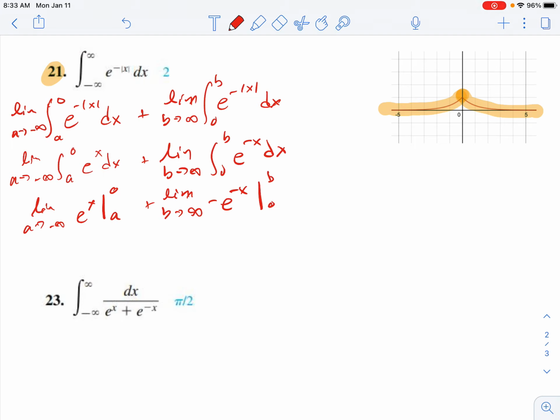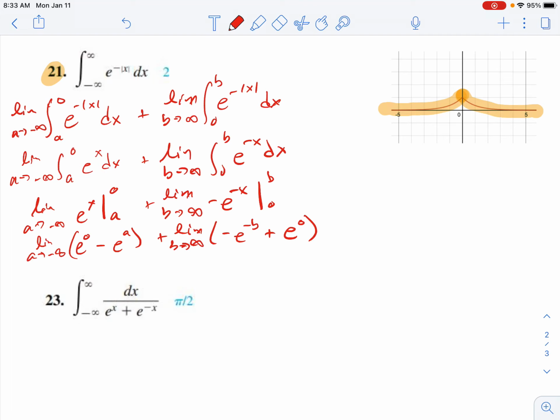And we begin plugging everything in, and here we get the limit as a goes to negative infinity of e to the 0 minus e to the a, plus the limit as b goes to infinity of negative e to the negative b, and there's a plus e to the 0.